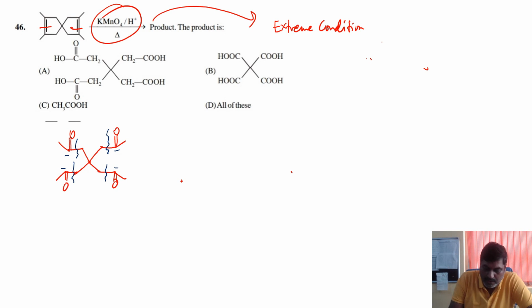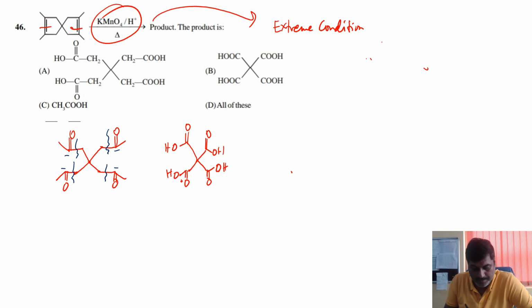So the actual compound will be here now. This one is C double bond O, in there the OH, C double bond O, in there the OH, C double bond O, in OH, C double bond O, in there the OH. Now you see this one, there is a heating condition, and two COOH groups are present on the same carbon atom.